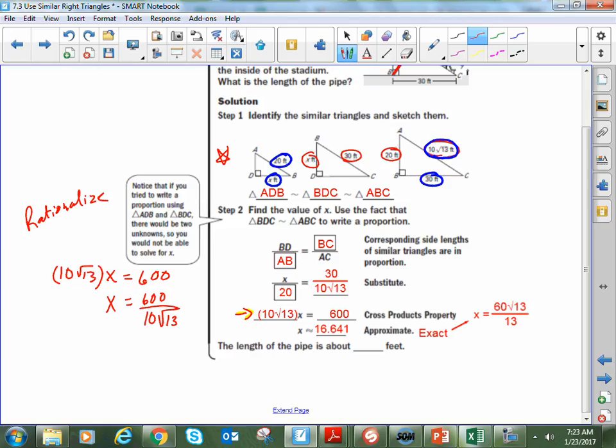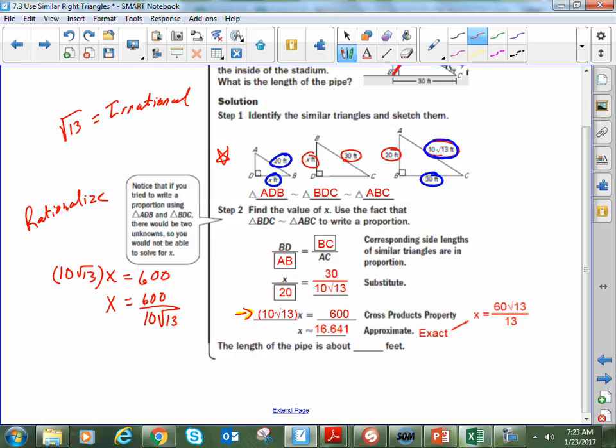So the square root of 13 is considered irrational. Because it is irrational, it cannot remain in the denominator of a fraction, because essentially what you're trying to say is I'm going to divide with this number that never stops.